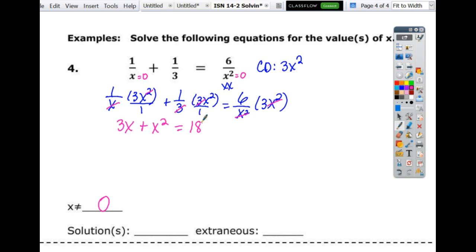So I'm going to subtract the 18, and I'm going to put this in standard form. So I have negative 18 and positive 3. So that's going to give me 6 and negative 3.